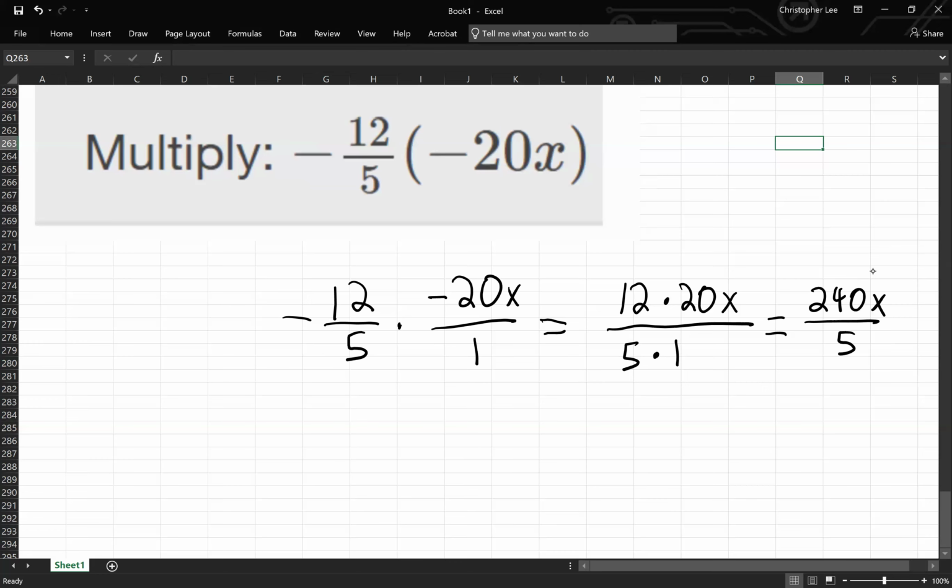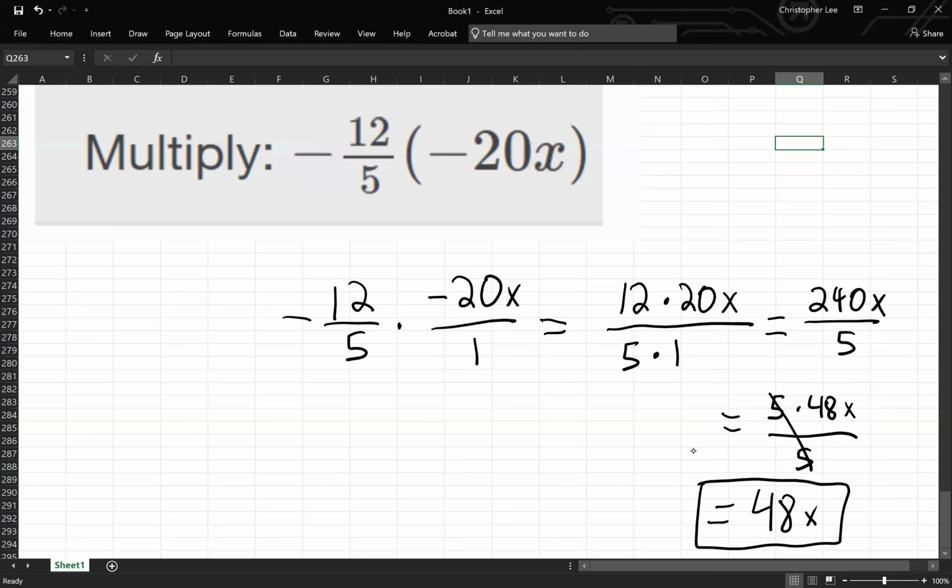Okay, I was guessing. Yeah, so we know that this is 5 times 48x over 5. You could cancel these out. So your final answer would just be 48x.